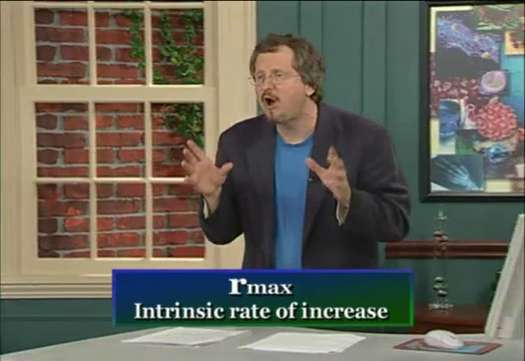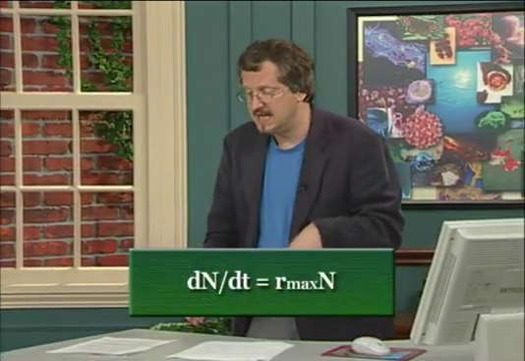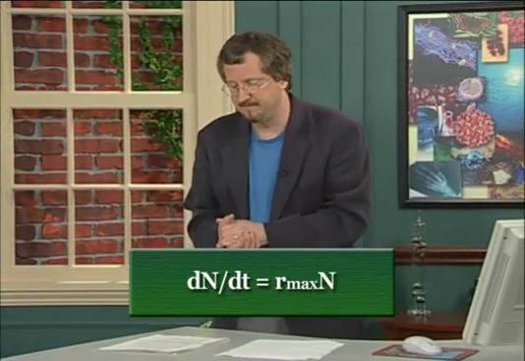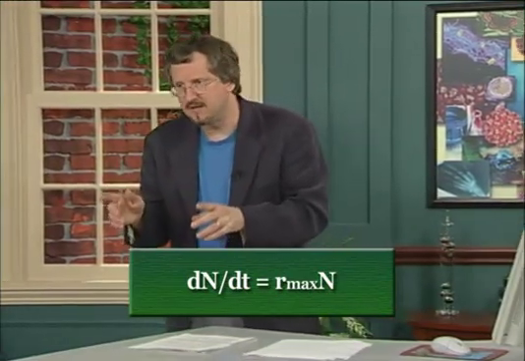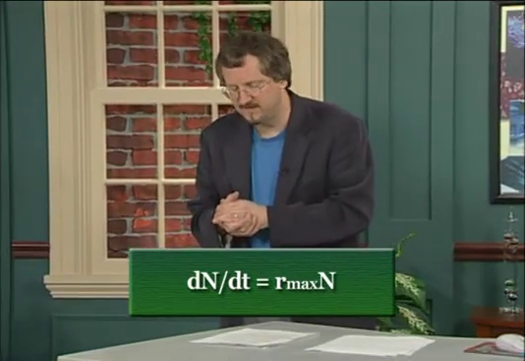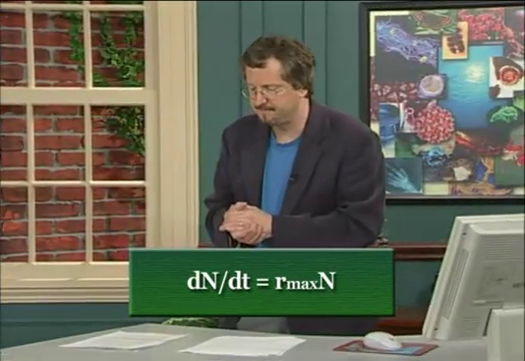And r max is really a kind of life history parameter on its own. What r max is saying is, what's the maximum rate that this population could possibly increase if nothing's getting in its way. And so we would write an equation for this maximum rate of increase as something like dn over dt equals r max times n, using explicitly the intrinsic rate of increase, but acknowledging that populations don't always grow at this maximum rate.